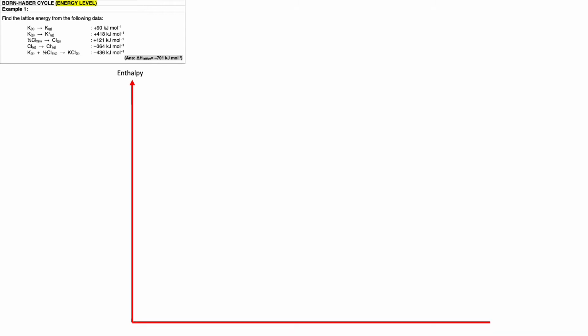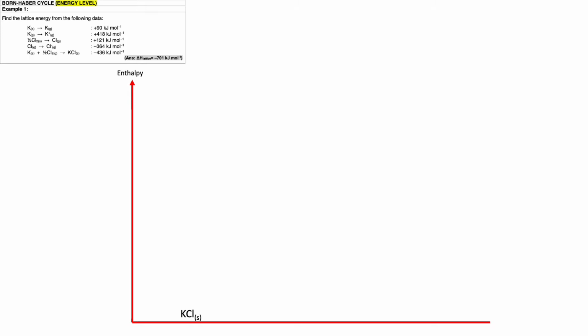Next, draw the x-axis but without the head of the arrow. Now, let's write the ionic solid. In this question, the ionic solid involved is potassium chloride. Therefore, write the potassium chloride here. Do not forget to write the state as well.